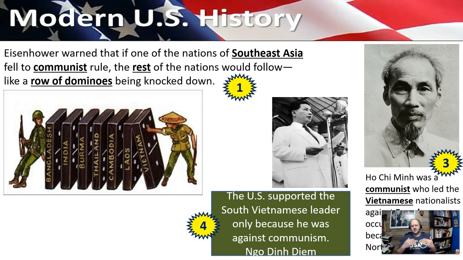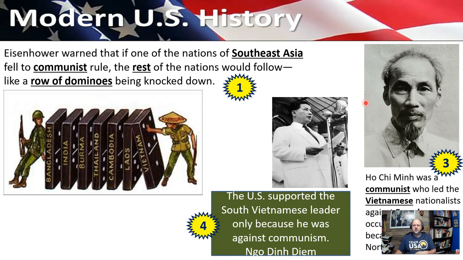And it's very similar to the idea of containment, just that we can't let Vietnam turn communist, because if we do, then Laos is going to become communist, then Cambodia, then Thailand, then Burma, and so on and so forth, right? So the idea is if we let this one nation fall to communism, all these other ones are going to join soon after.